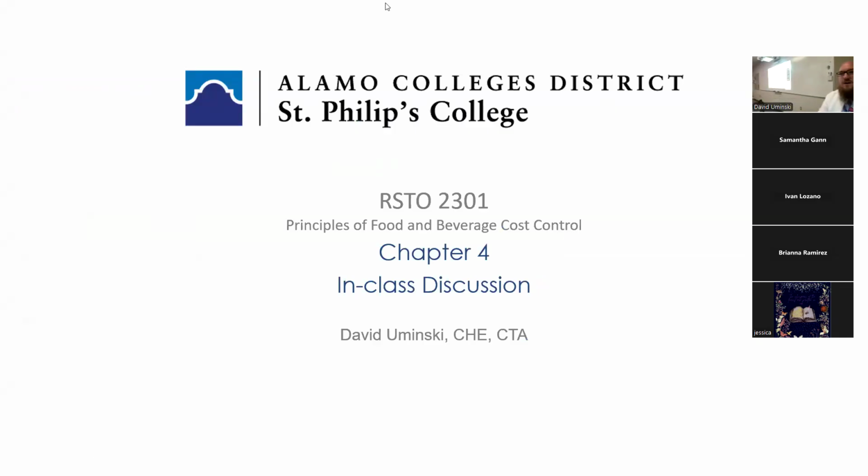So for chapter 4, this is actually one of my favorite chapters in the textbook, because we're going to talk about different ways we can cost out or determine what our menu selling price is going to be.